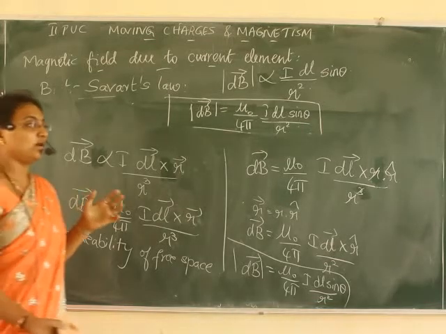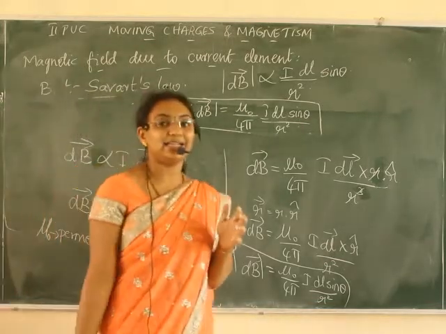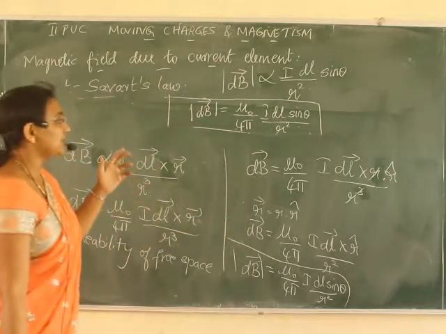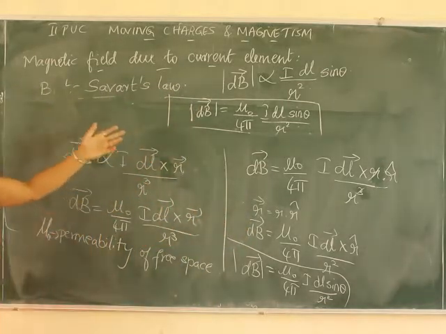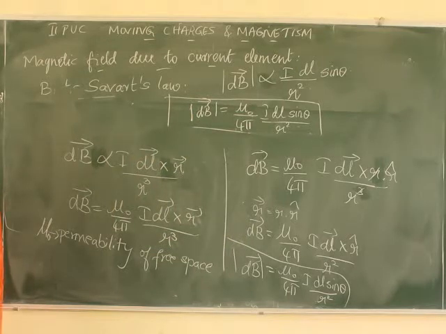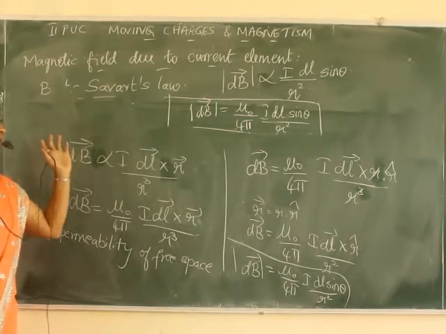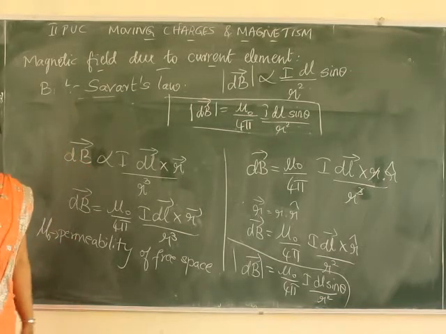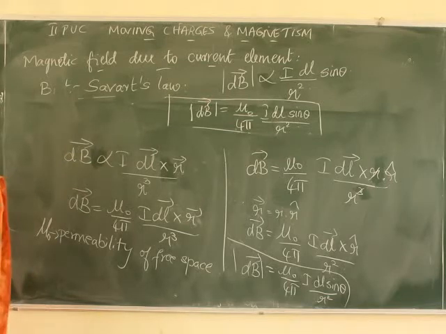One small homework: you have to write the similarities between Coulomb's law and Biot-Savart's law. Biot-Savart's law is for the magnetic field, whereas Coulomb's law is for the electrostatic field, correct?